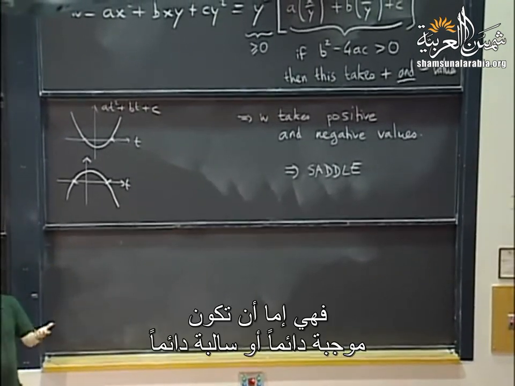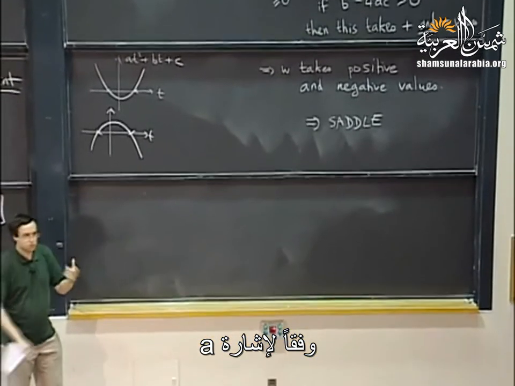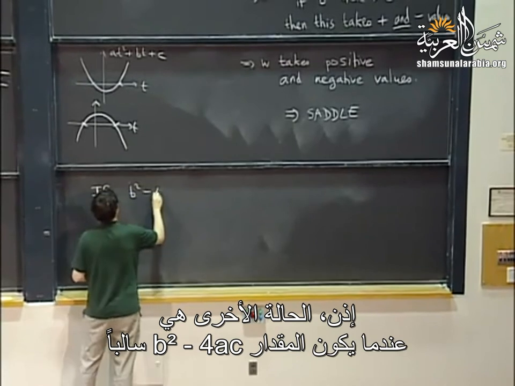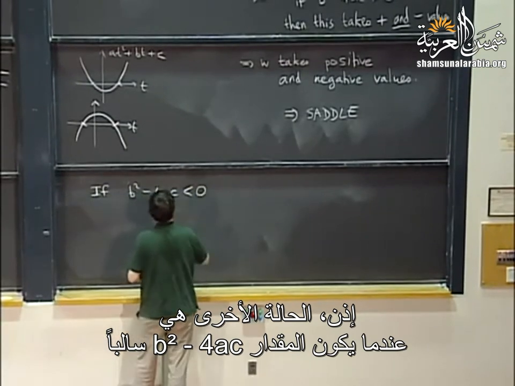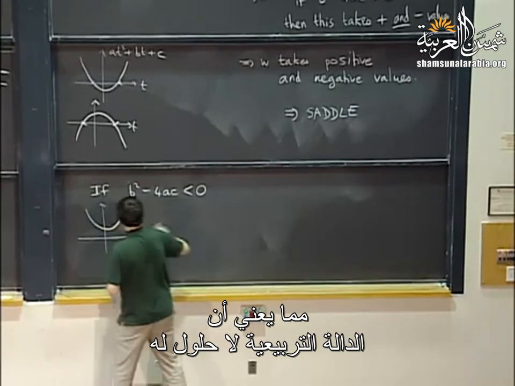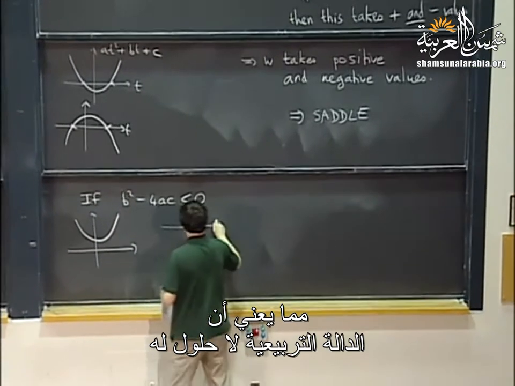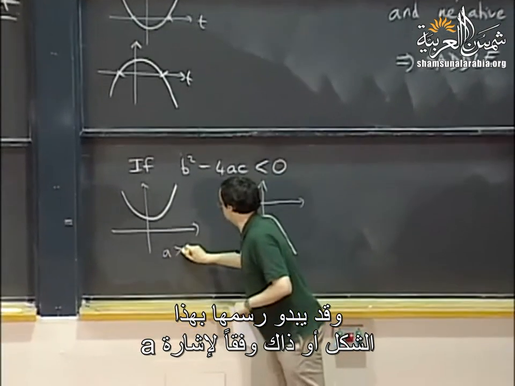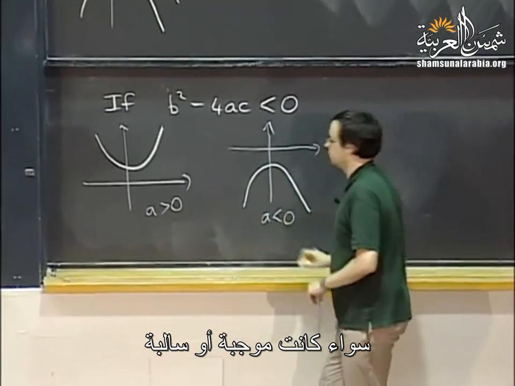So it's always positive or it's always negative, depending on the sign of a. So the other case is if b squared minus 4ac is negative, then that quadratic doesn't have a solution, and it could look like this or like that, depending on whether a is positive or a is negative.